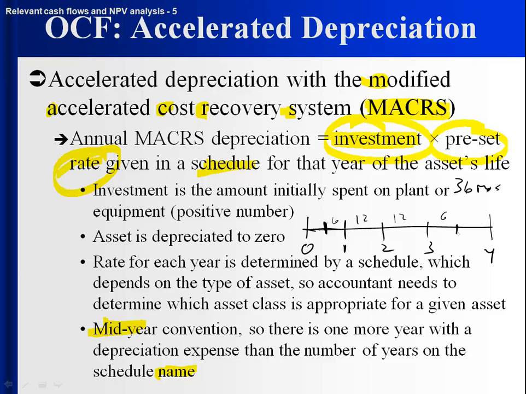You can see there are 4 years when depreciation takes place, so we'll take depreciation on our income statement in years 1, 2, 3, and 4. You don't need to know why the mid-year convention exists. Oftentimes students see there's a 3-year schedule, but they have 4 numbers, and they're confused about depreciation in year 4. Don't be. 3-year schedule, 4 years of depreciation.